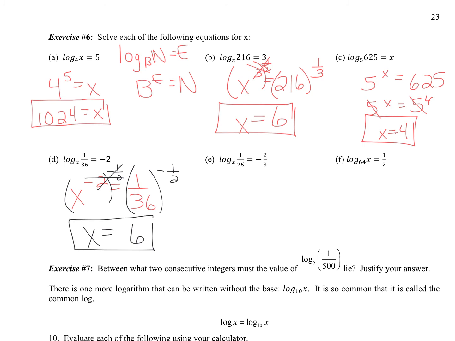Looking at the next one, we have x to the negative 2/3 equals 1/25. I'm going to show this one by hand. So this is negative 3/2, reciprocal exponent to cancel it out.